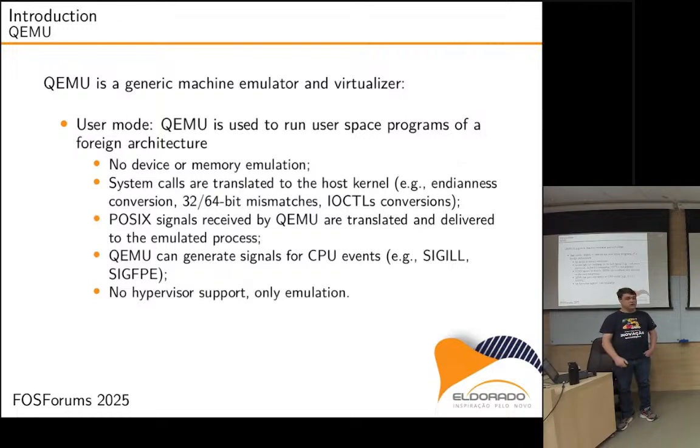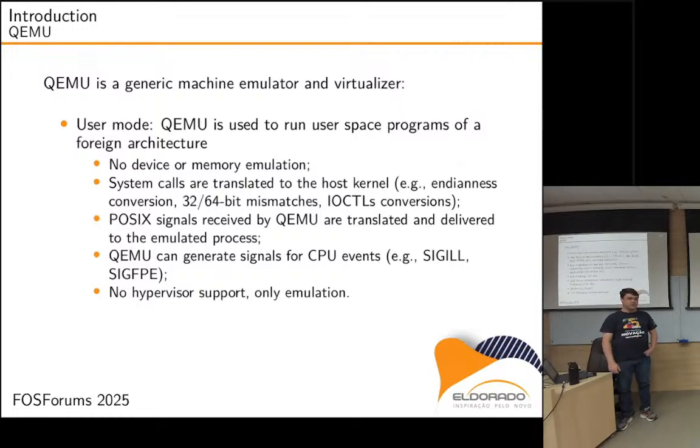And the only job that QEMU is doing with this kind of emulation is to translate the guest instructions to host instructions, translate syscalls between the guest kernel and host kernel, translate POSIX signals, generate synthetic signals when the emulated code does something like illegal division or executes an illegal instruction. And in this mode, it does not have hypervisor support.